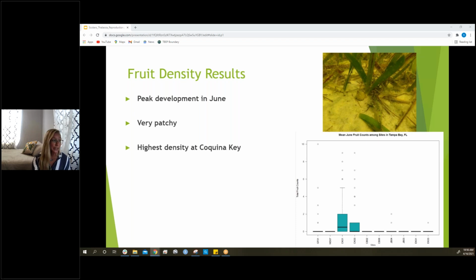Fruiting was notably greater at both of the Coquina Key sites. This may be a result of some of those gender ratio dynamics. As I said, Coquina Key were the only sites where male and female flower ratios were similar. These were also the only sites where male and female flowers co-mingled. Abiotic pollinators often also release large quantities of poor quality pollen.